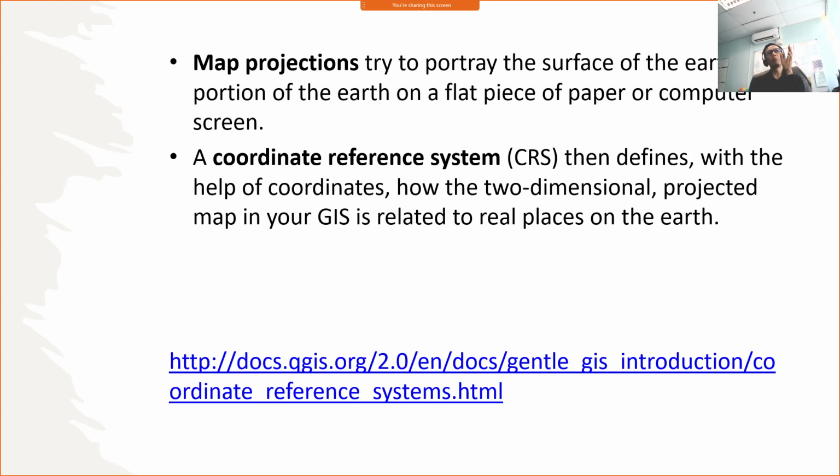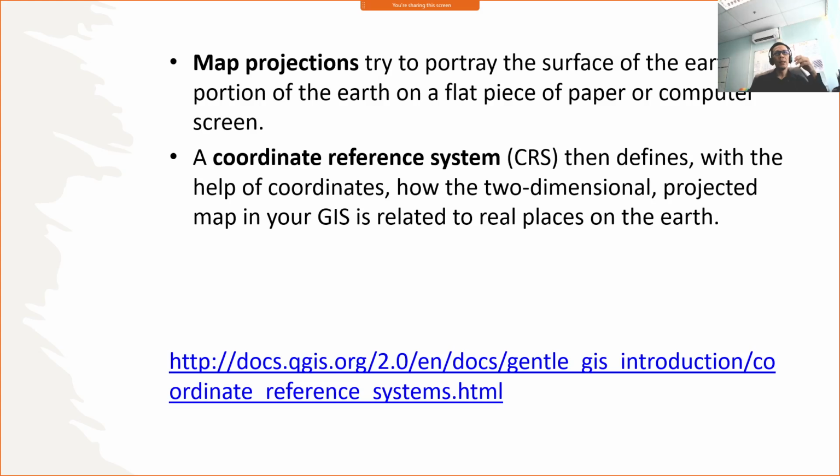So basically map projections try to portray the surface of the Earth on a flat piece of paper or computer screen. So imagine, it's very difficult. Kita ada bola kan, kita gunting dia, kita nak flat dia kan, it's impossible. Dia akan ada tempat-tempat yang dia akan jadi herot.